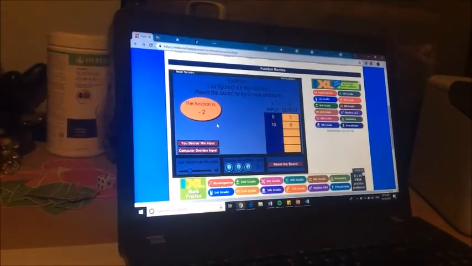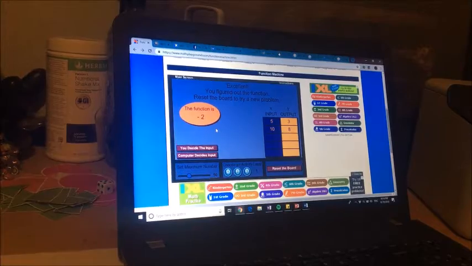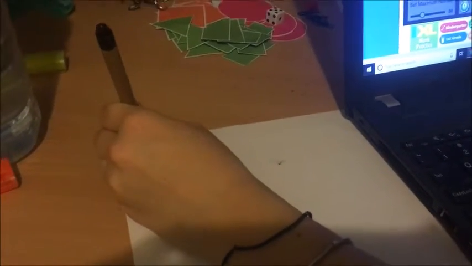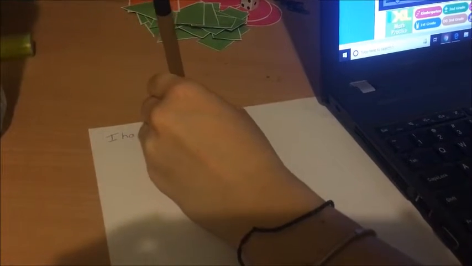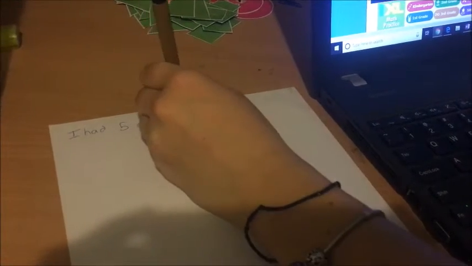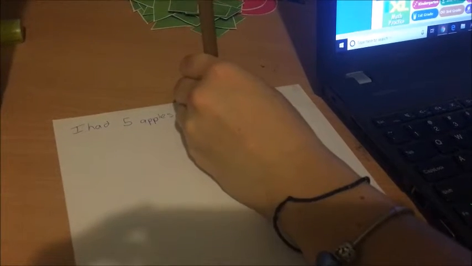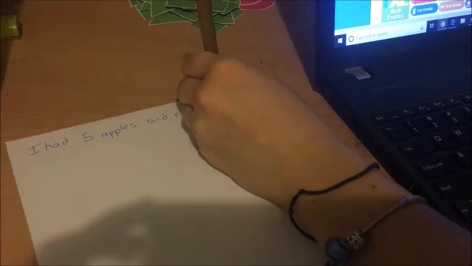Awesome. Then we're going to create a word problem related to what we know. So I had 5 apples and now I only have 3.